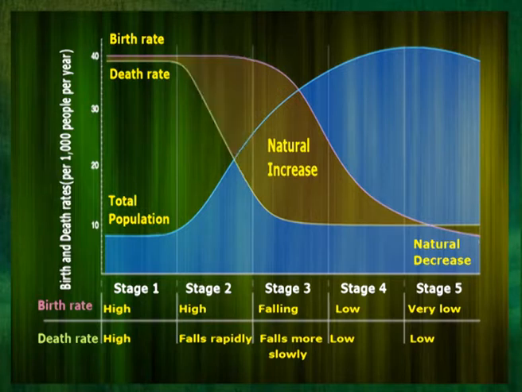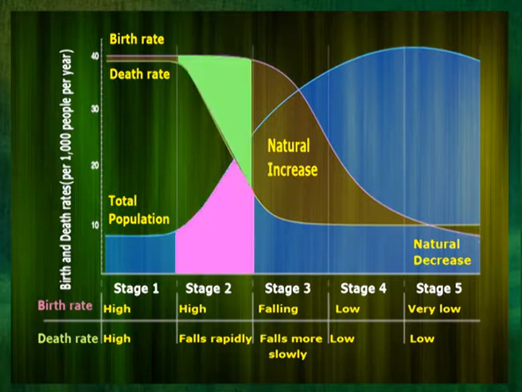The birth rates reach a maximum point in this stage before showing some signs of declining. We observe that the distance between birth rates and the death rates is very wide in this stage, indicating a stage of population explosion.